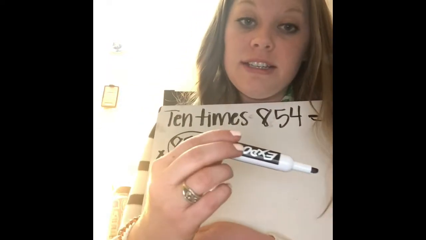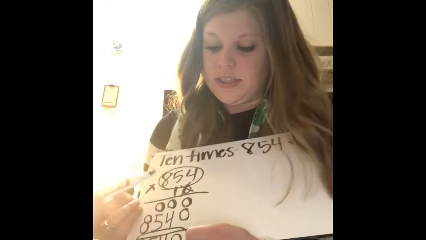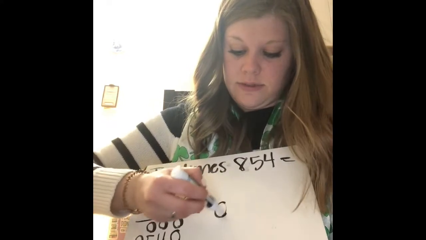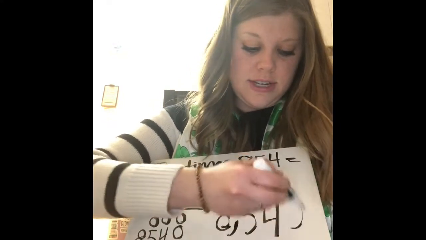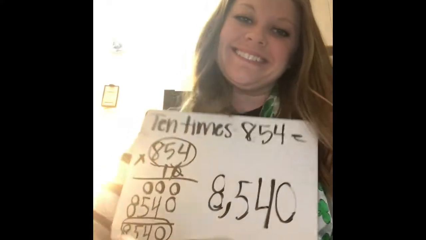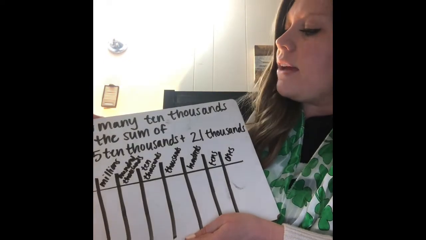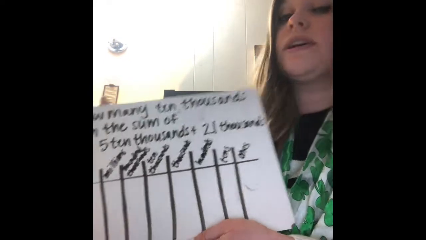When we multiply, we move every digit to the left. So you're going to add on a 0 there, and it should give you 8,540.